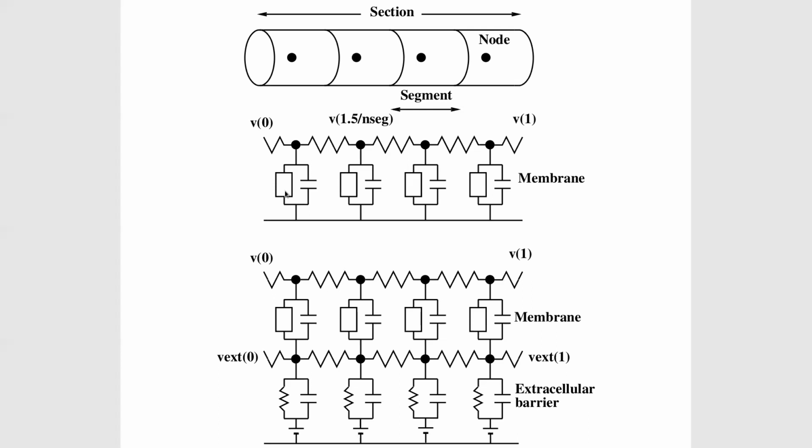And this is what you get when you create a section, only with nothing in these white boxes, because you just get the axial resistance and the membrane capacitance. If you insert mechanisms like pas, HH, you get other things inside these little white boxes.